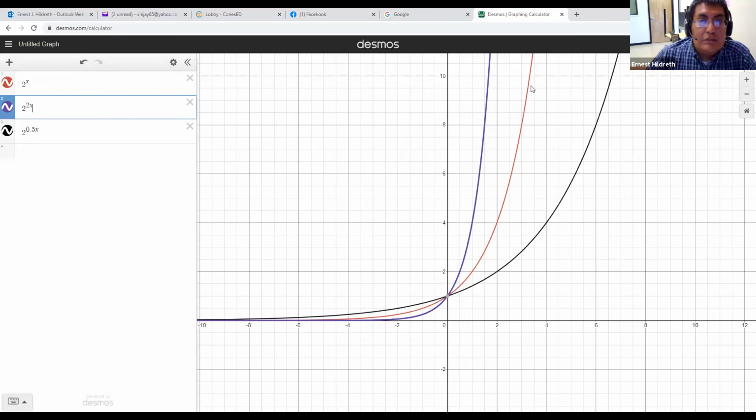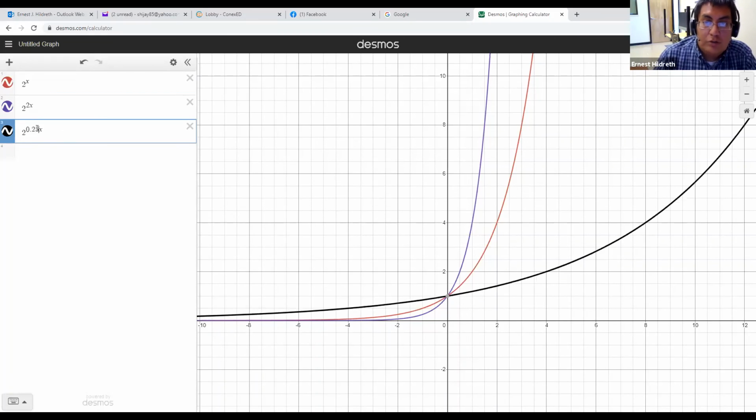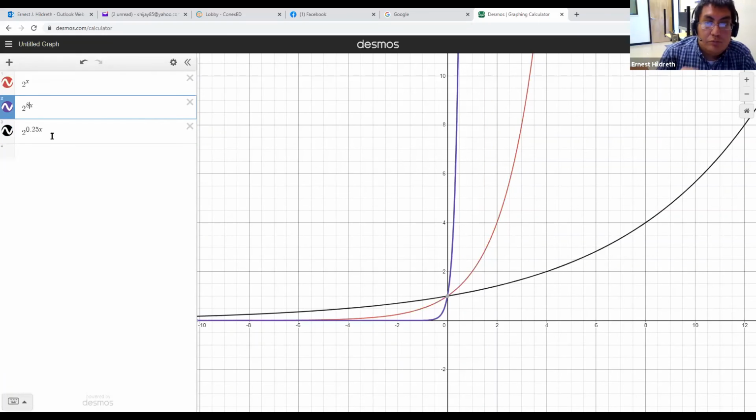So as you can see, it shrunk inwards. And again, with a number between 0 and 1, it stretches outwards. So as the number gets smaller, it'll stretch out, and as the number gets bigger, it'll shrink.